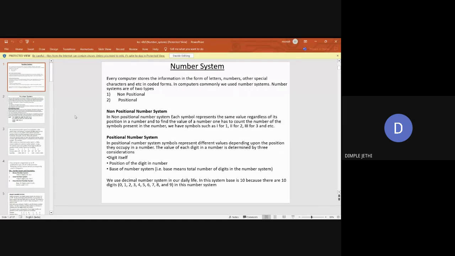Non-positional means where the value of the number does not depend on its position, right? So, what do you mean by this? You know Roman numbers, all of you. What are Roman numbers, right? So that is fixed. You will write Roman number one like this. You will write two like this in Roman numbers. Okay. So just a second.